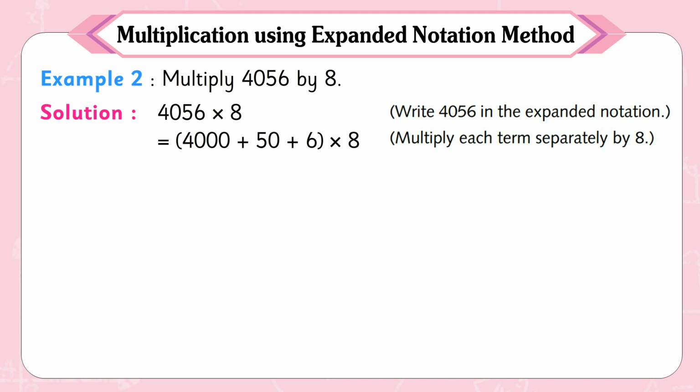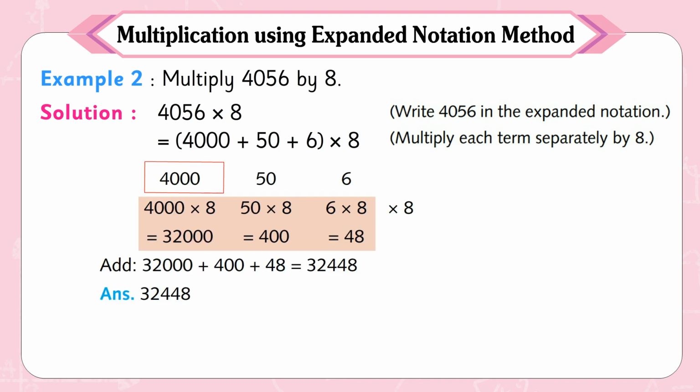Multiply each term separately by 8. 4000 into 8 is equal to 32,000. 50 into 8 is equal to 400. 6 into 8 is equal to 48. Add: 32,000 plus 400 plus 48 is equal to 32,448. Answer: 32,448.